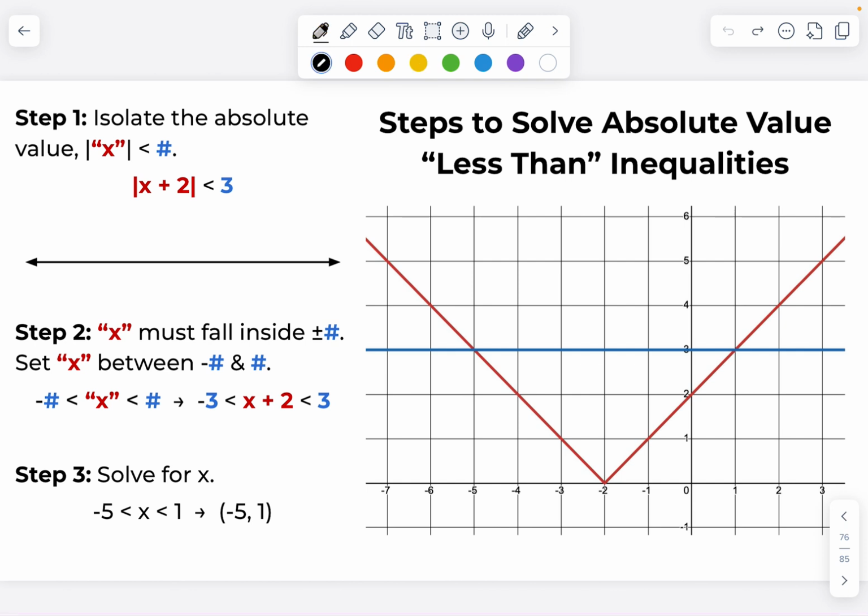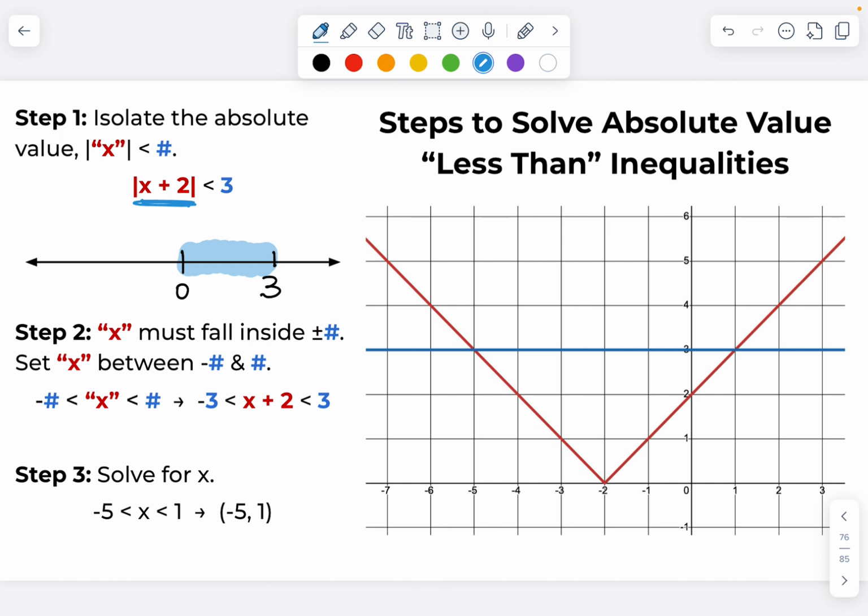And then we're looking for when that is less than 3. So let's first talk about absolute value. I think about values that are less than 3. It is the values between 0 and 3. So x plus 2, whatever this is, as long as that is less than 3, my statement is true.